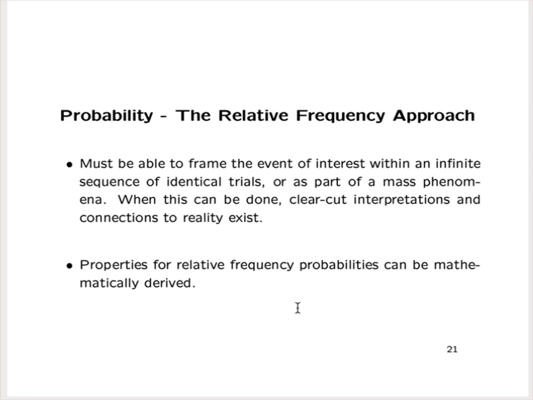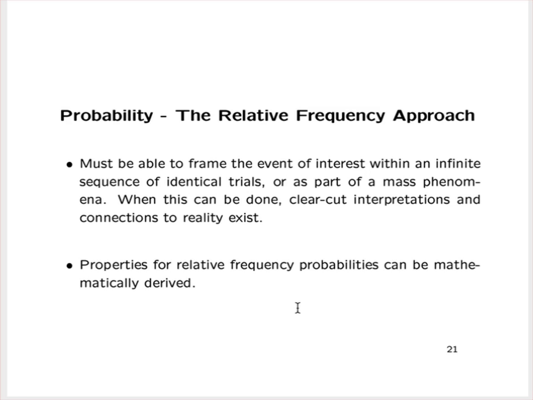The final point I want to make is that properties for relative frequency probabilities can be mathematically derived. You'll remember when we were talking a few minutes ago about classical probability, we said that properties for classical probabilities exist and can be derived and proven mathematically. The same thing applies here: properties for relative frequency probabilities exist and they can be derived and proven mathematically.